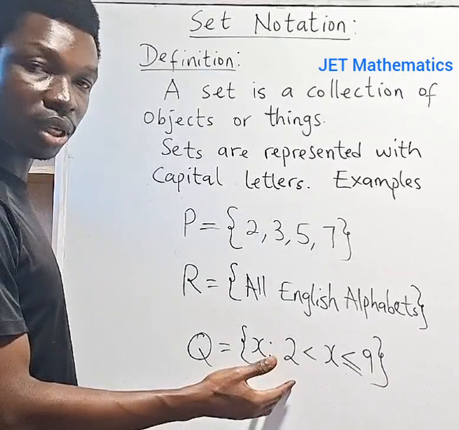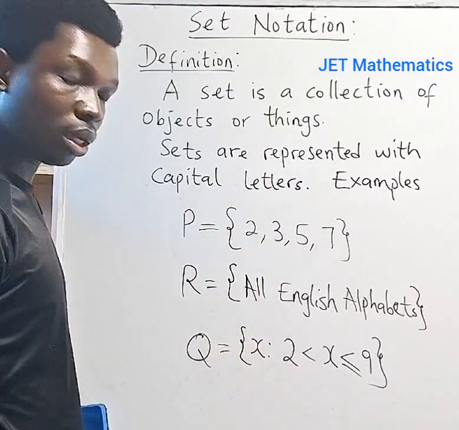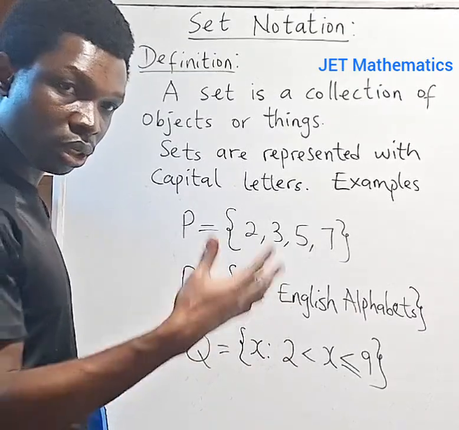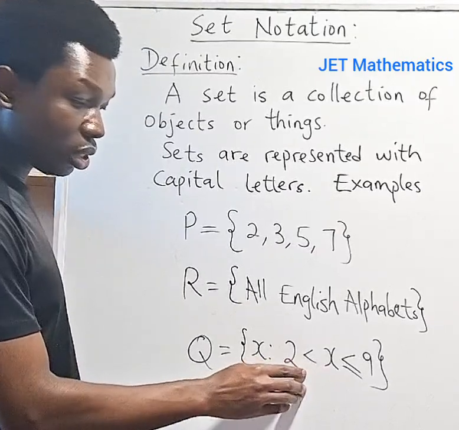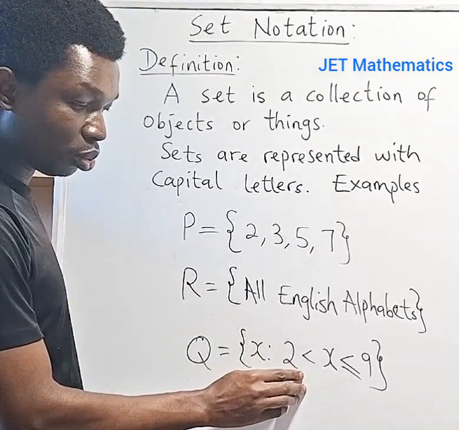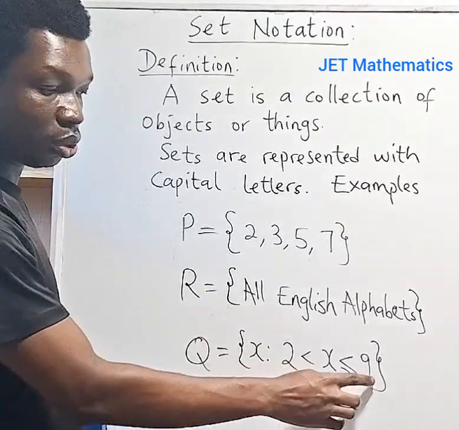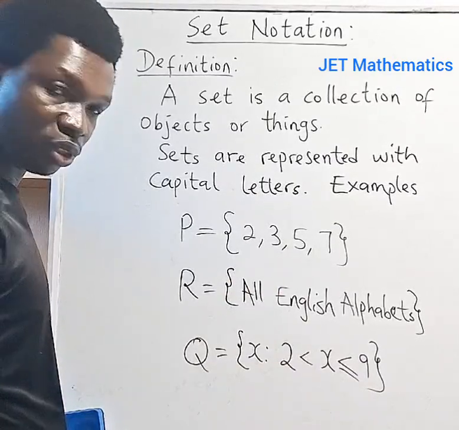So this is using set builder notation. We'll discuss this more in subsequent lessons. Now this means numbers from 3 to 9, not including 2. We'll discuss this better in our future videos.